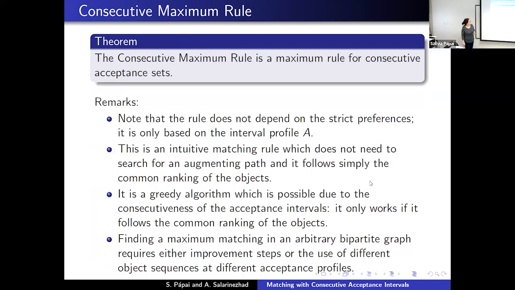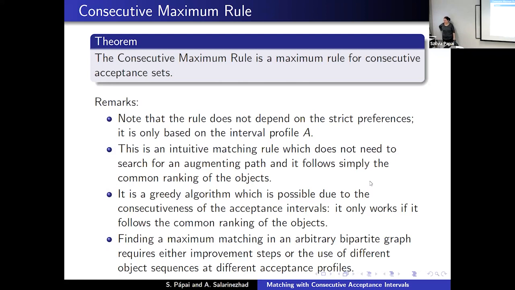Okay, so the consecutive maximum rule, I'm referring to it as singular, although it depends on the tie breaking, right? So in fact it's a class, but anyway. The consecutive maximum rule is a maximum rule for consecutive acceptance sets, and it only depends on the interval profile, the consecutive acceptance profile.